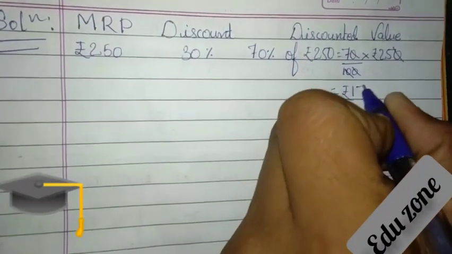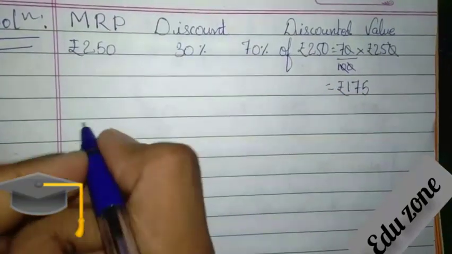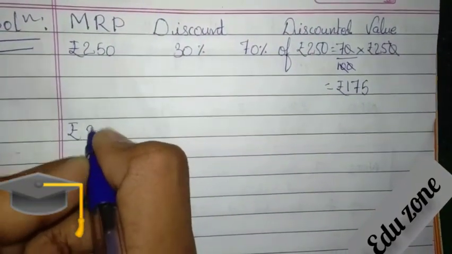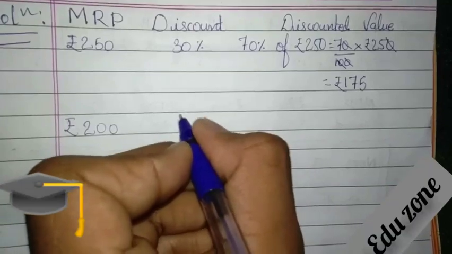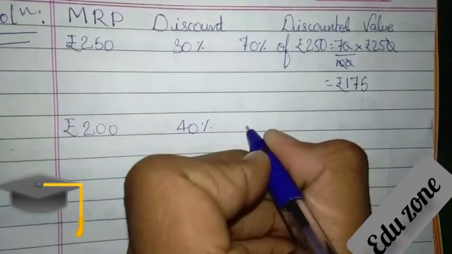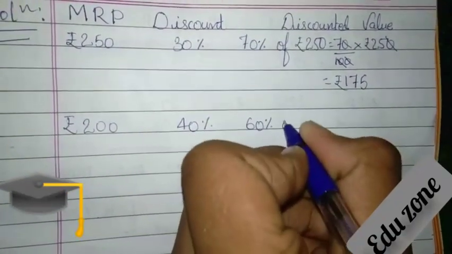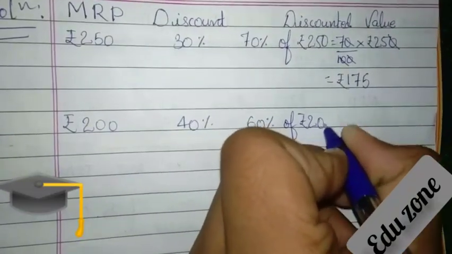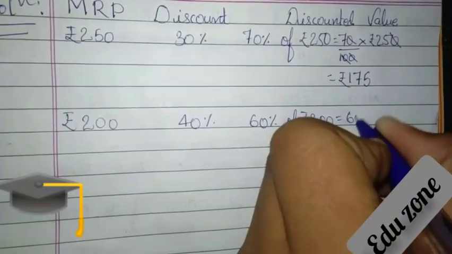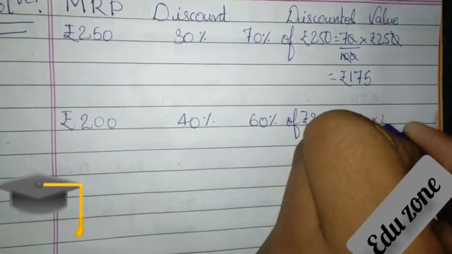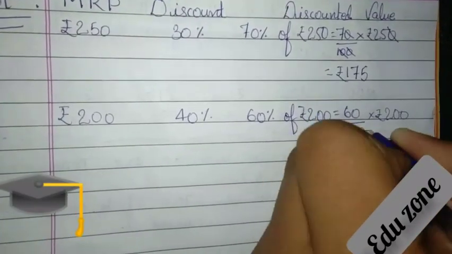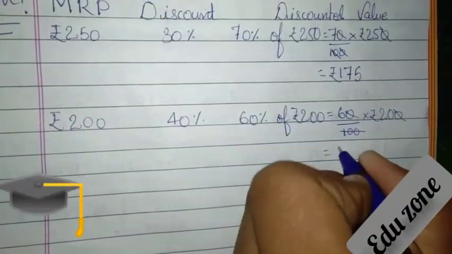So the left part is the discounted value, as 30% is the discount and 100% is the MRP. The discounted value is the left part, as MRP minus discount is equal to the discounted value. So it is the left part of 100% after 30% is deducted.